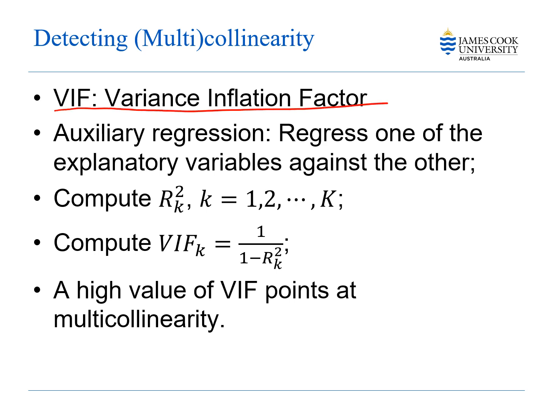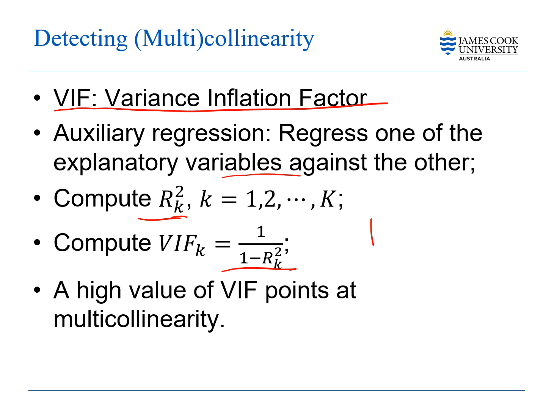Here, basically, you run auxiliary regressions, regressing one of the explanatory variables against all the others. So for example, regress xk, say k equal to 2, regress x2 against x3, x4, x5, and so on and so forth. Compute R squared, then compute the variance inflation factor, which is equal to 1 over 1 minus R squared.